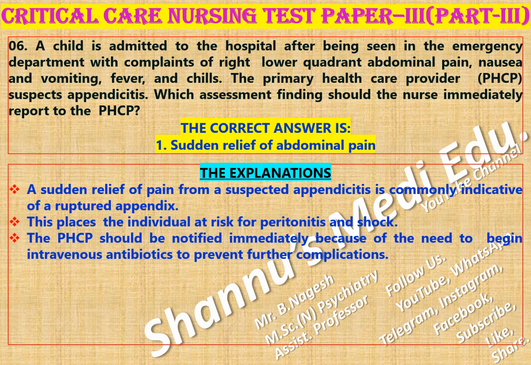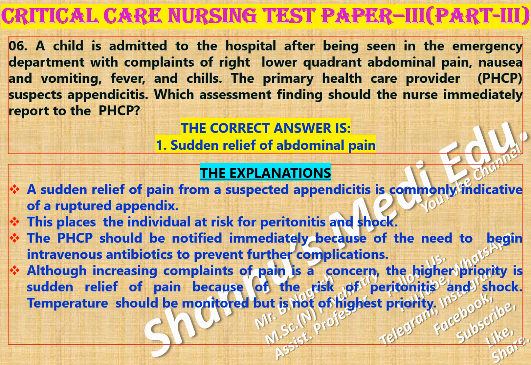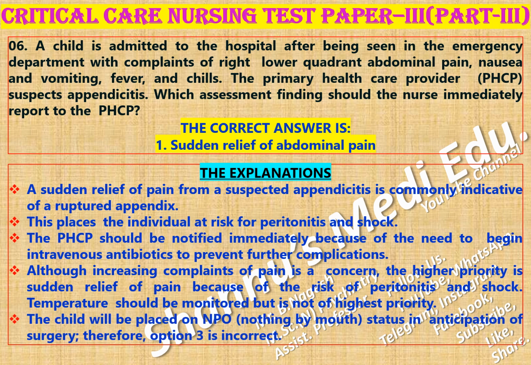The PHCP should be notified immediately because of the need to begin intravenous antibiotics to prevent further complications. Although increasing complaints of pain is a concern, the higher priority is sudden relief of the pain because of the risk of peritonitis and shock. Temperature should be monitored but is not the highest priority. A child will be placed on NPO, nothing by mouth, status in anticipation of surgery, therefore option 3 is incorrect.